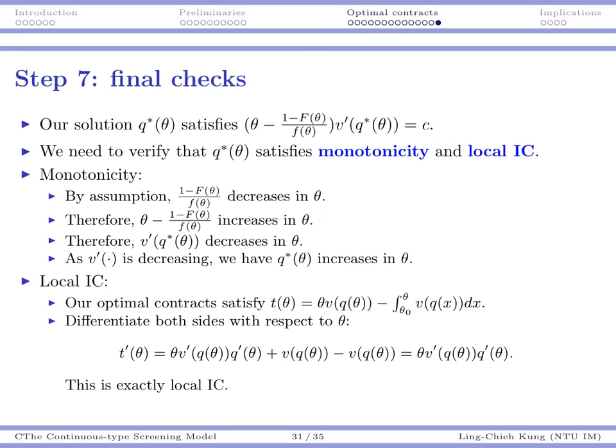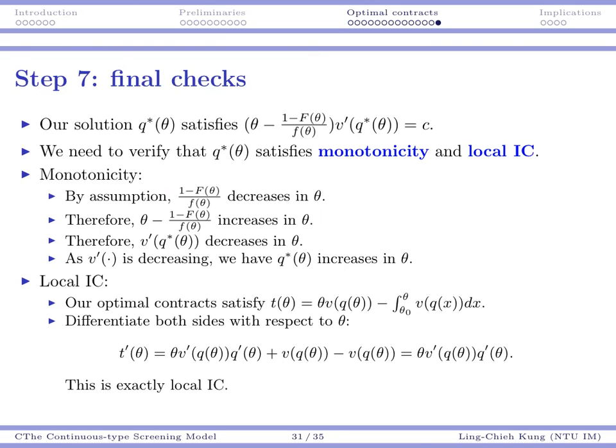So when your theta goes up, this goes up. That means V prime must go down. So V prime of Q star must go down. And because V prime is a decreasing function, if you need this function to decrease, that means your Q must increase. Okay, so that's how you show your monotonicity. Your monotonicity really comes from your assumption that this guy is decreasing.